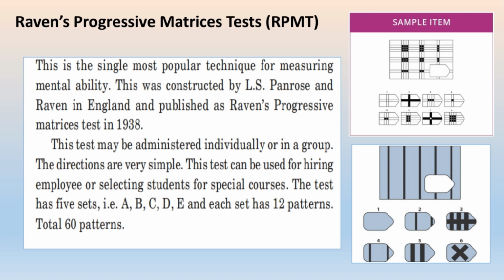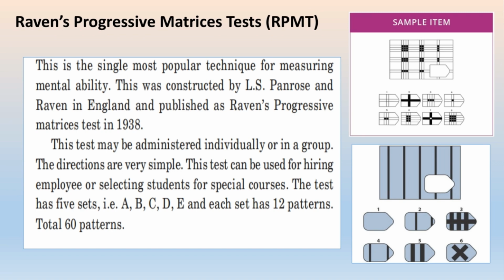The test presents a series of patterns with one piece missing, and the task is to identify the correct piece to complete the pattern. This approach not only examines problem-solving abilities but also the ability to recognize relationships and think logically under pressure. Overall, RPMT is widely used in both educational and psychological settings to assess cognitive functioning in a clear, straightforward way.